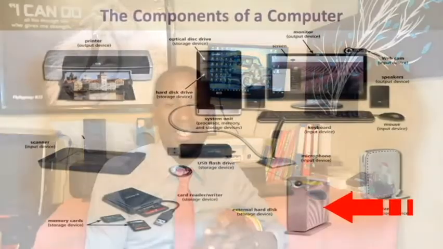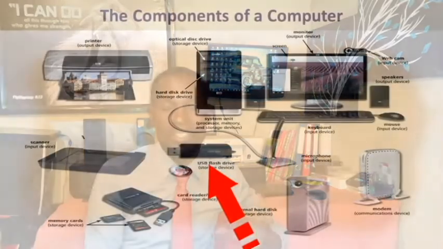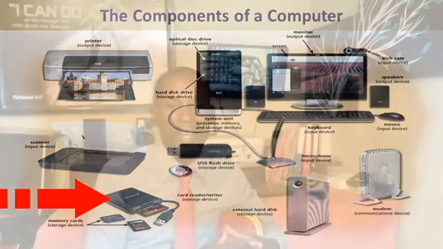An example of a storage device is the hard disk drive, abbreviated as HDD. The hard disk drive is the main storage of the computer, and whatever we store on the computer is stored on the hard disk. Of course, we have other storage devices such as the flash disk, which is very common. We have a memory card. We have the floppy disk, which is no longer in use because of advanced technologies.